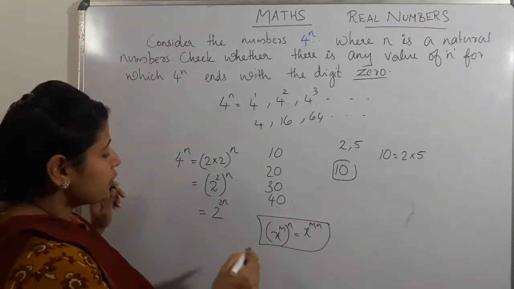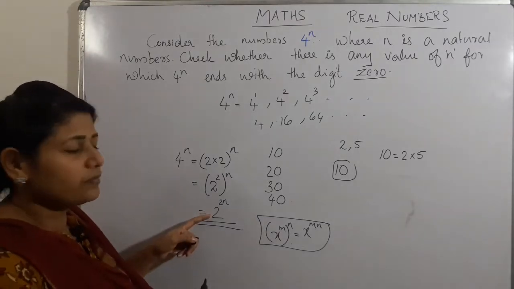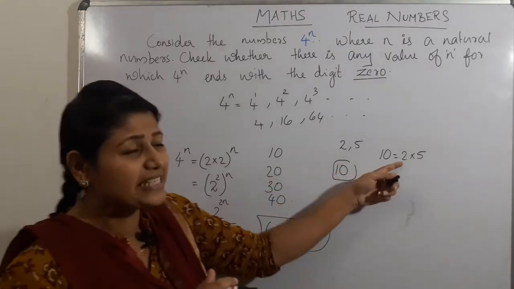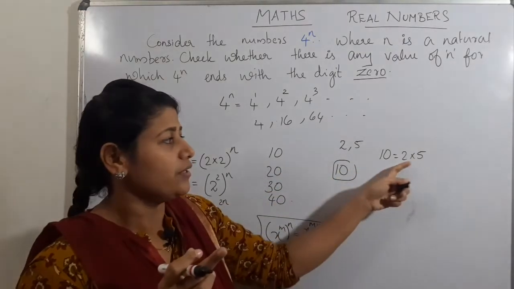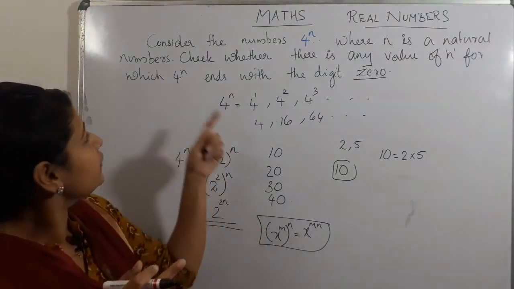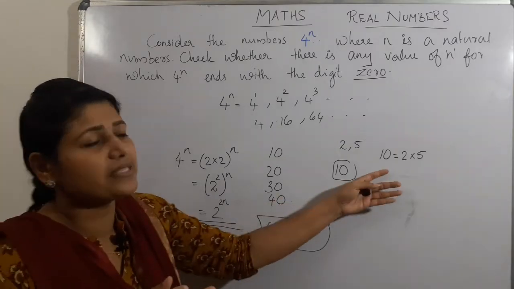So here the only factor of 4 raised to n is 2. Here we need 2 and 5, so this 5 is missing. So we cannot say that 4 raised to n is a multiple of 10.